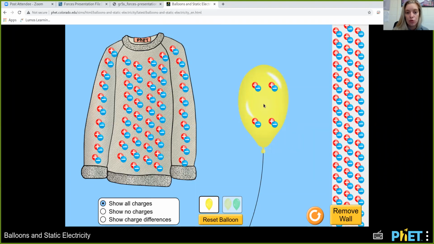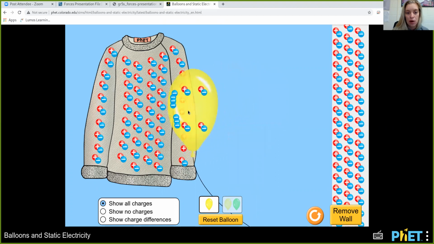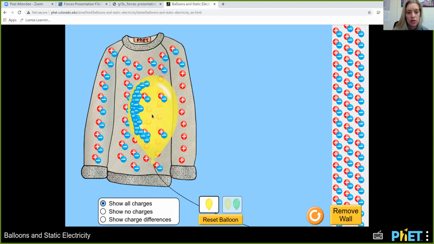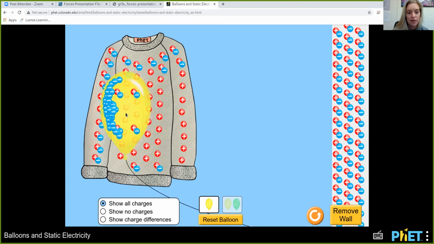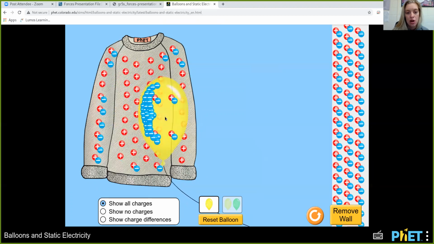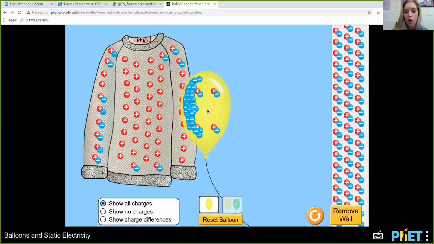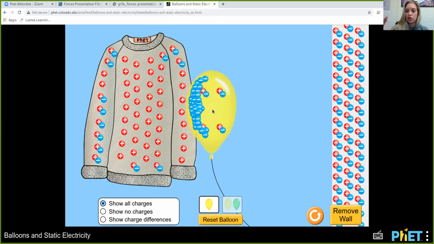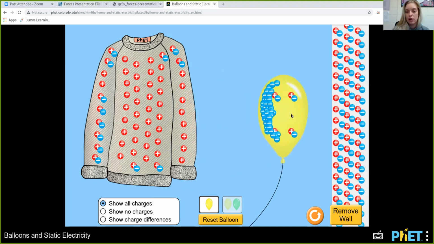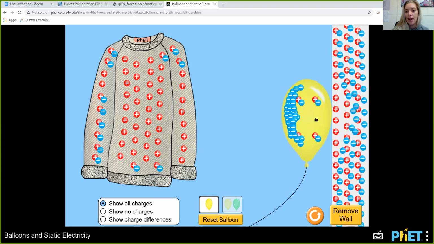If I move it over to the sweater, rubbing it on the sweater, we see all of these negative electric charges that it's picking up. As I move it closer to the wall, all of the positive charges are pulled to the side of the wall and it's going to stick. We can see that it sticks to the wall because again, positive and negative attract each other.